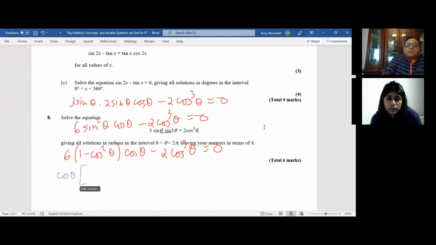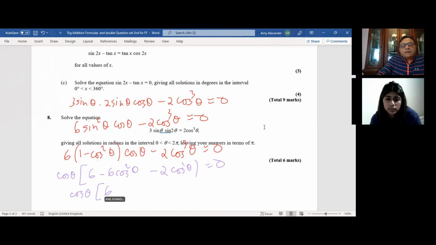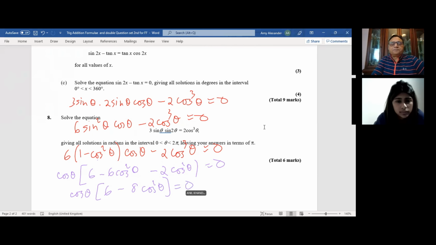So I have got this minus 2 times cos square theta. So this is 6 minus 6 cos square theta, and that is minus 2 times cos square theta equals to 0. So I have cos theta times 6 minus 6 cos square theta minus 2 cos square theta, that is 6 minus 8 cos square theta, equals to 0. Do you see that?